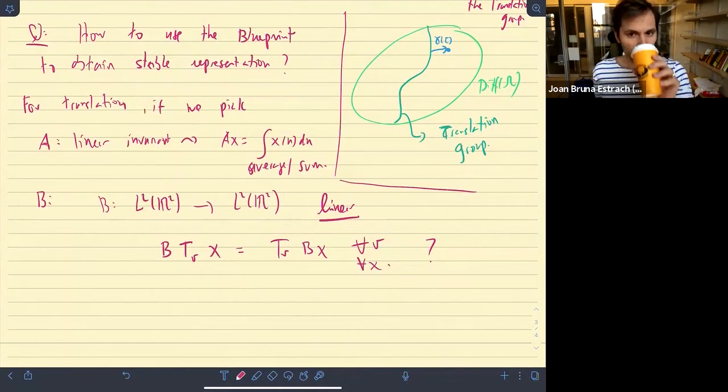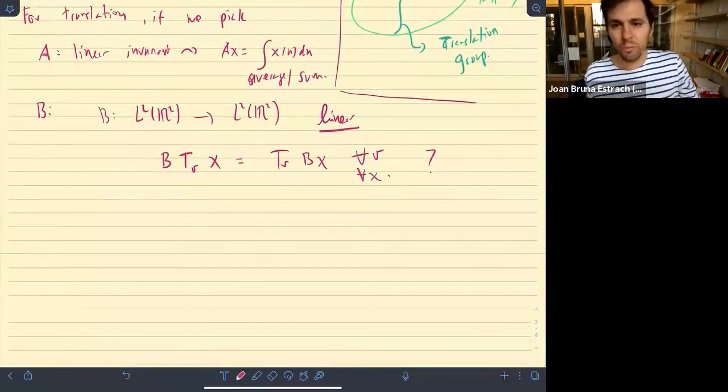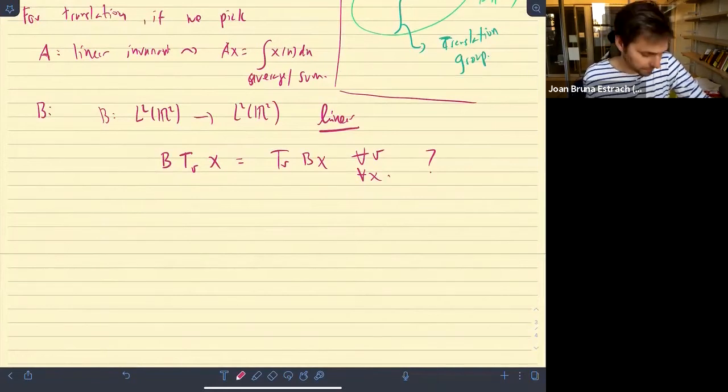So in that case, we know already the answer, right? We know a way to compute transformations that are linear and commute with translations, because if we write any operator as having the same eigenstructure as any translation, then it's going to commute.